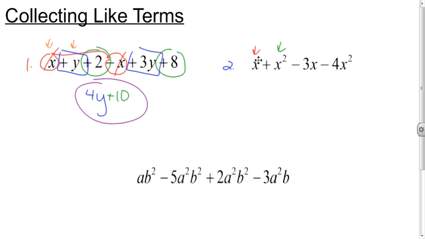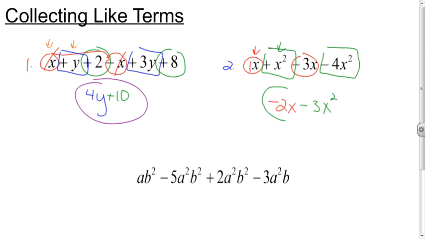So in this sense, x is a like term only with negative 3x or minus 3x here, and x squared is only going to be a like term for negative 4x squared. So you get x minus 3x is negative 2x, and obviously there's a 1 there. And then I'd get x squared minus 4x squared is negative 3x squared.